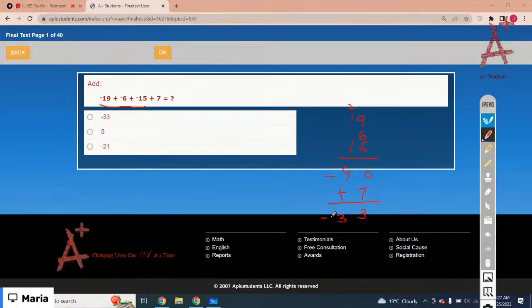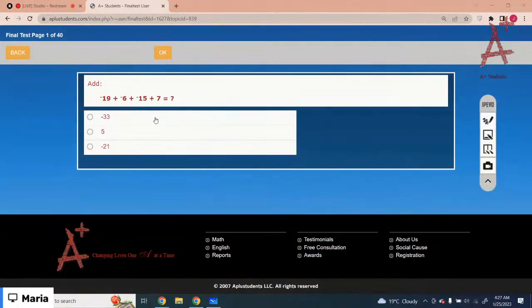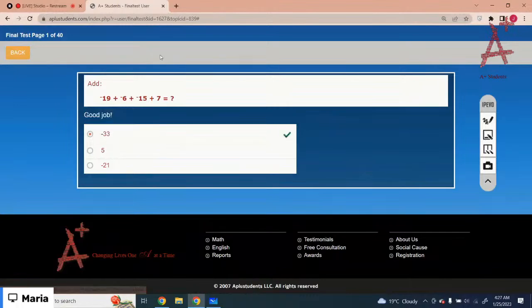It would be 9, negative 33. Got it? Because 40 is the greater number with a negative sign. So you have to subtract, but the answer must have the sign of the greater number. So it would be negative 33. Got it? The correct option is negative 33. So just select the correct option, then click on the OK button.